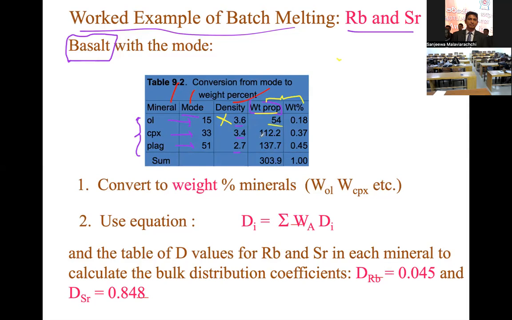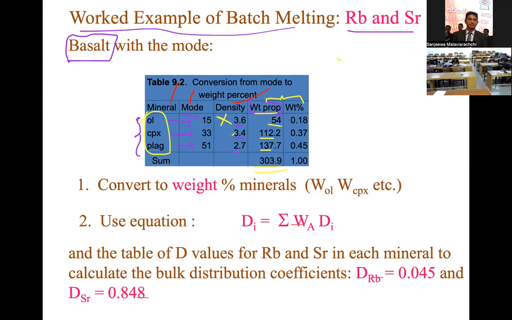So you get a simple multiplication there and find out the weight proportion, and for CPX, weight proportion. For the plagioclase, the other one, weight proportion. And you take the total weight proportion of these three minerals, assuming that your system contains only these three minerals. Then you find out the weight percentage. This is what you normally get from EPMA.